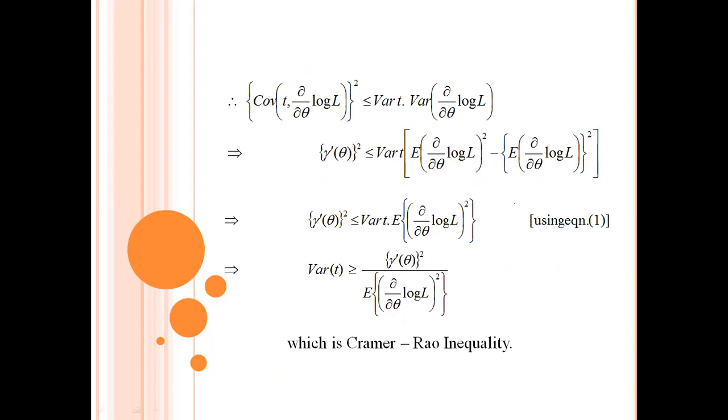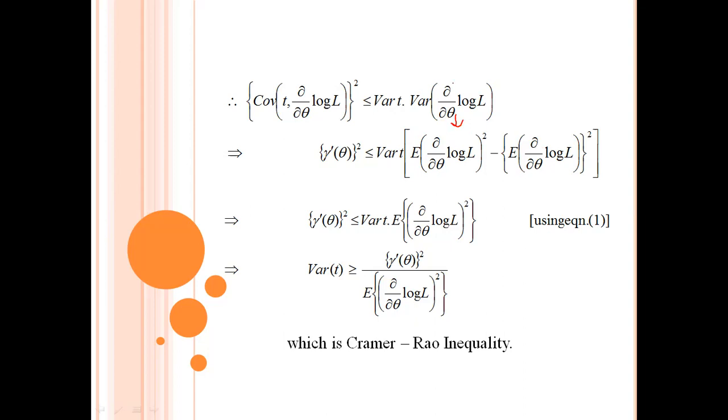By this we are saying, instead of x comma y, we have T comma ∂/∂θ log L, so it is less than or equal to variance of T into variance of ∂/∂θ log L. T is a single value, so keep it as it is. Then using the variance formula, variance of x is equal to expectation of x square minus expectation of x the whole square.